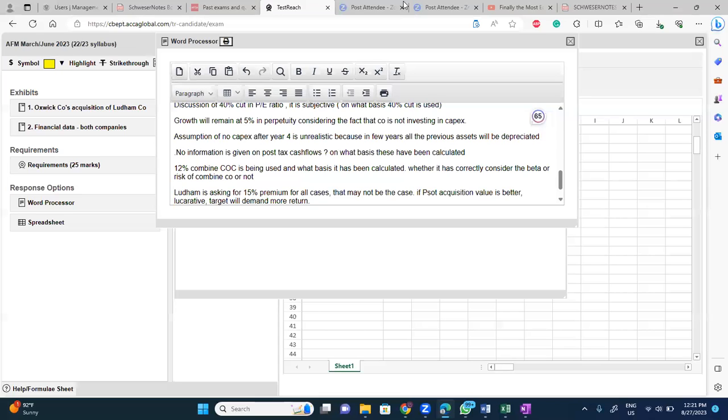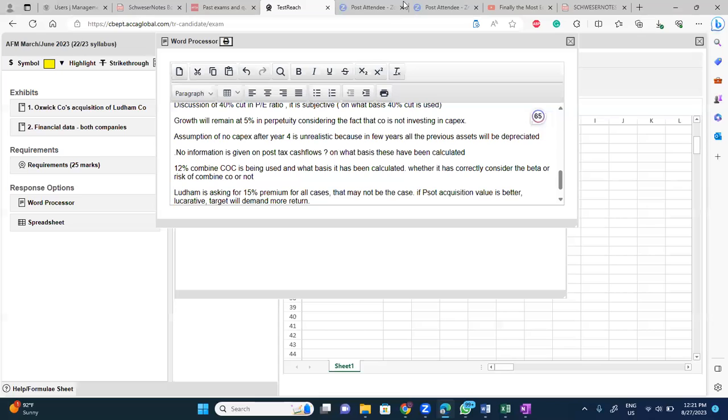Okay, one more point: assumed all values are accurate, many uncertainties surrounding the acquisition exist, and methods such as sensitivity analysis and simulation should be used to enhance the valuation. Yes, you're right. Assuming the data is given is reasonable, but there are still many uncertainties in the practical world.